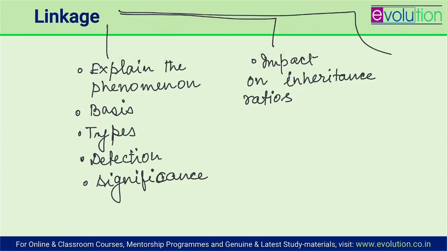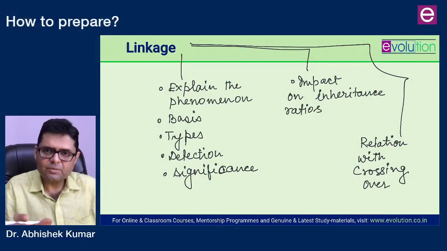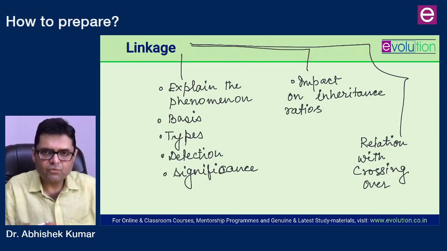And the third question is its relation with crossing over. So in a nutshell, crossing over breaks linkage. Linkage is the occurrence of multiple genes present on the same chromosome, and because of that, these multiple genes fail to display independent assortment in the Mendelian ratios.